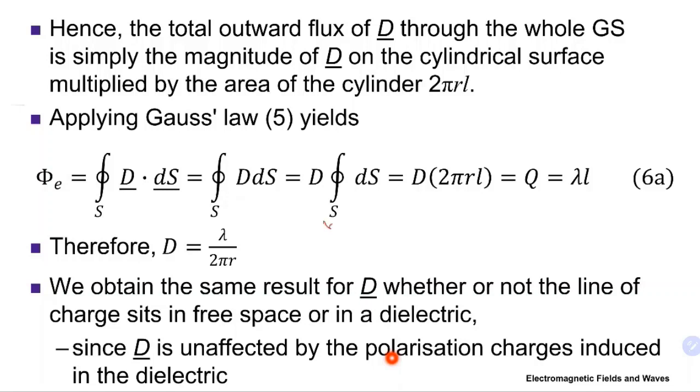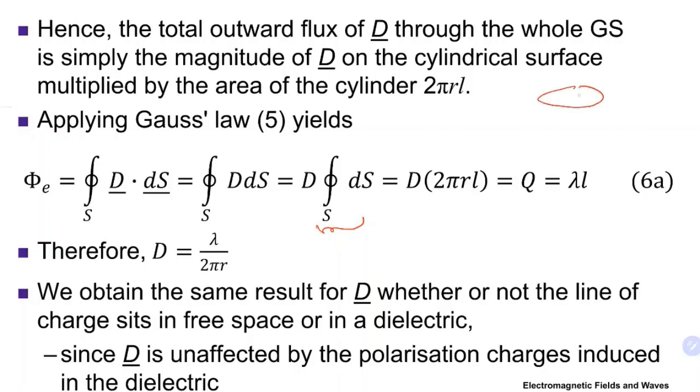Then this is simply the curved area of our cylinder, which is 2 pi r times L. That has to equal Q, and Q equals lambda times L, where lambda is in coulombs per meter and L is in meters, which gives us the charge enclosed.